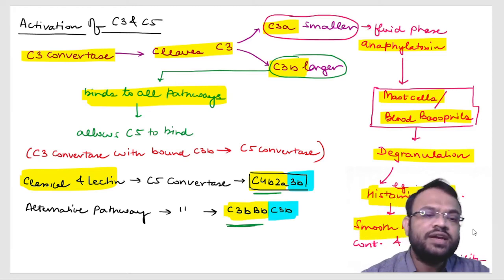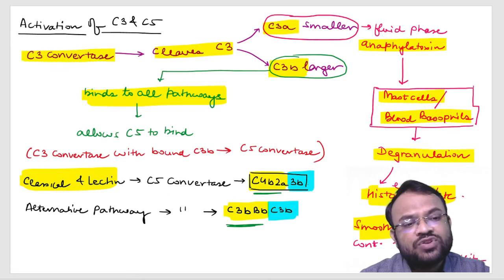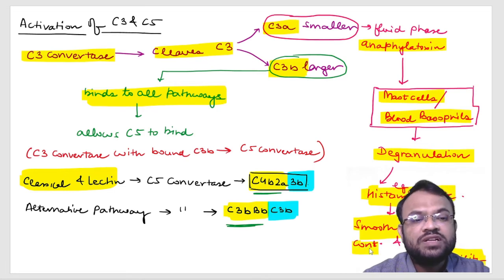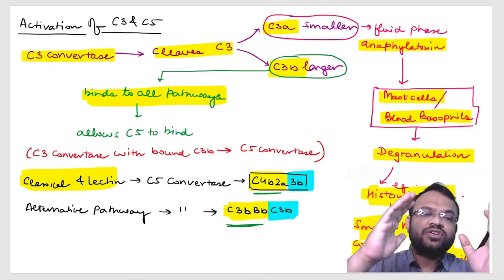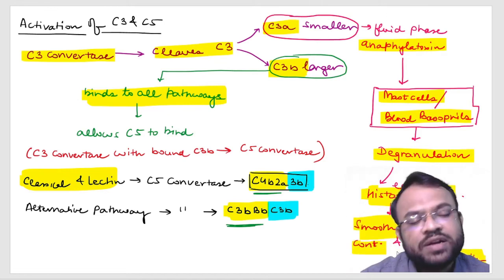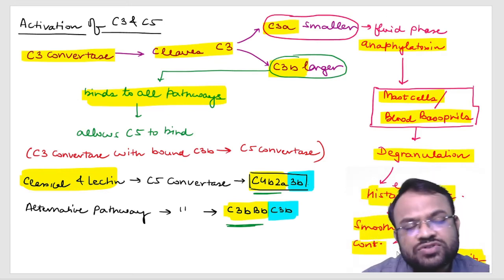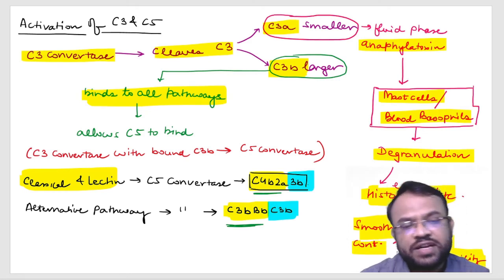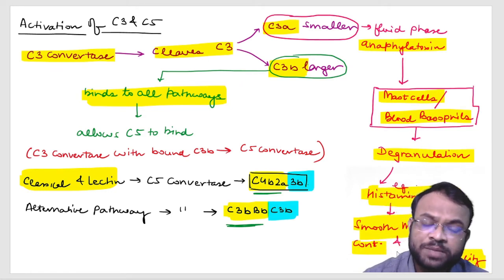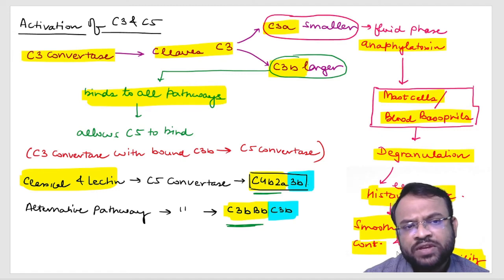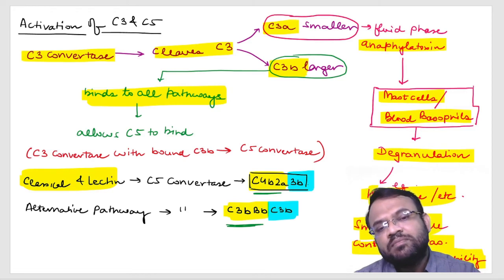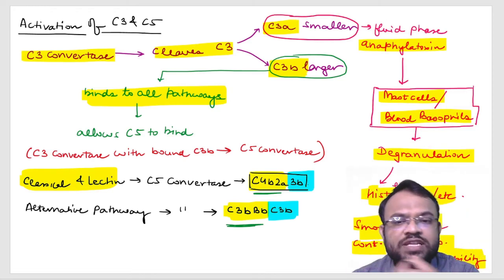In this process, vascular permeability increases and smooth muscle contracts. These are the features of allergic reactions, so it becomes difficult to breathe and multiple other symptoms start occurring, right? So this is how C3 gets activated, and C3b binds to the previously present complex.